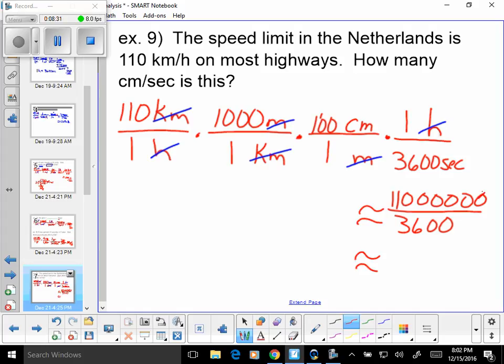By canceling zeros, this and this 0 would cancel, so would this and this, because this one's dividing by 10, this one's dividing by 100. Now I can just put in the 110,000 divided by 36 into my calculator, and it comes out to 3,055.56 centimeters per second, which basically means that in 1 second you're going a little bit more than 300 and something meter sticks, over 300 meter sticks.